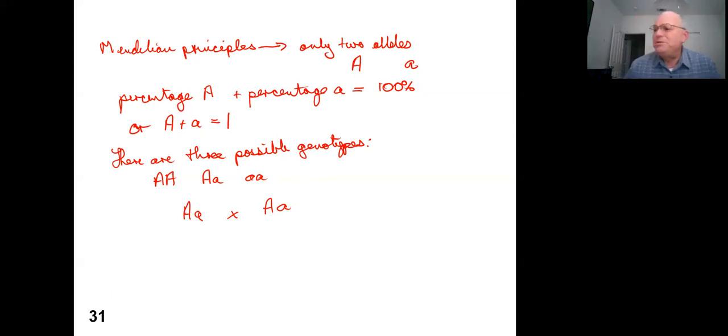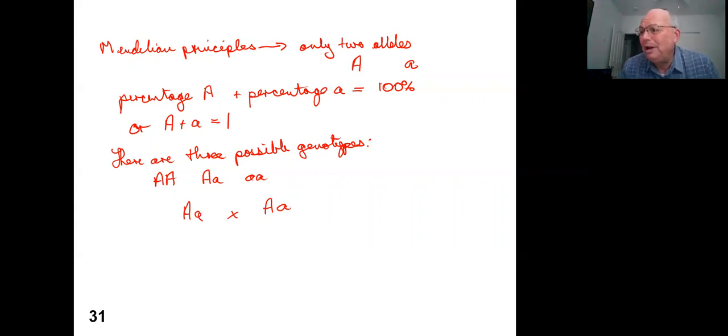Now, when we think in terms, however, of the alleles that these individuals can pass on, yes, these individuals can pass on either a little a or a big A, but they must pass on one of them. So their contribution to the next generation has to be a big A or a little a, but it has to be one of the two.